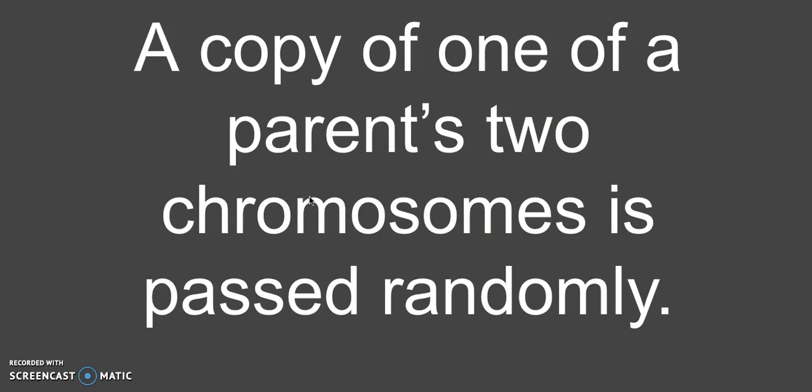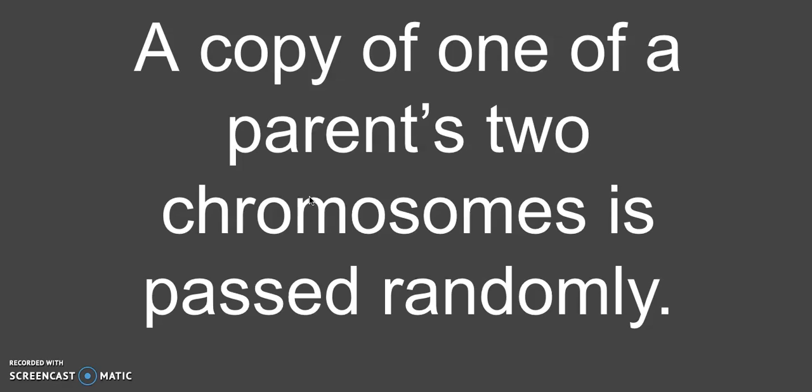A copy of one of a parent's two chromosomes is passed randomly to their offspring. This is what we mean when we say that you share 25% of your chromosomes with your grandparents and 50% with your parents, because you are just as likely to get either copy of your parents' two chromosomes.